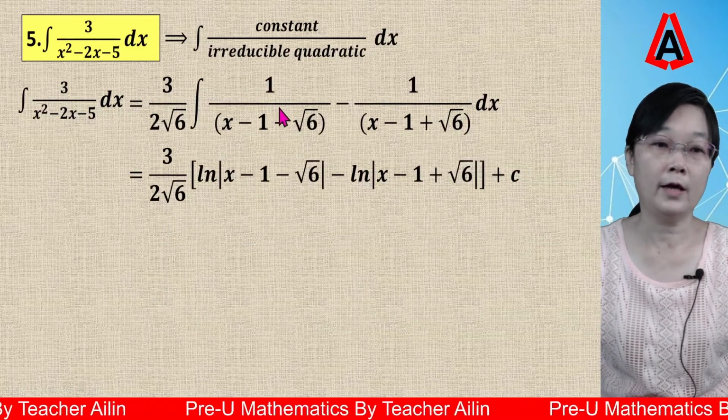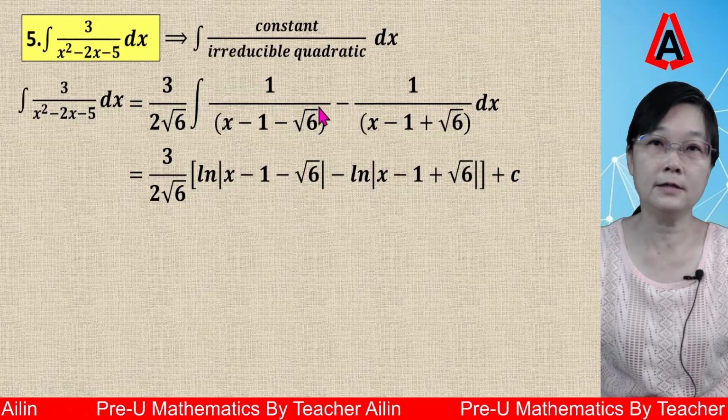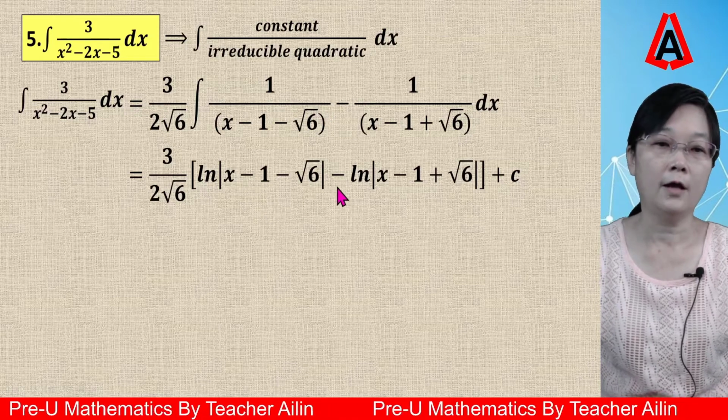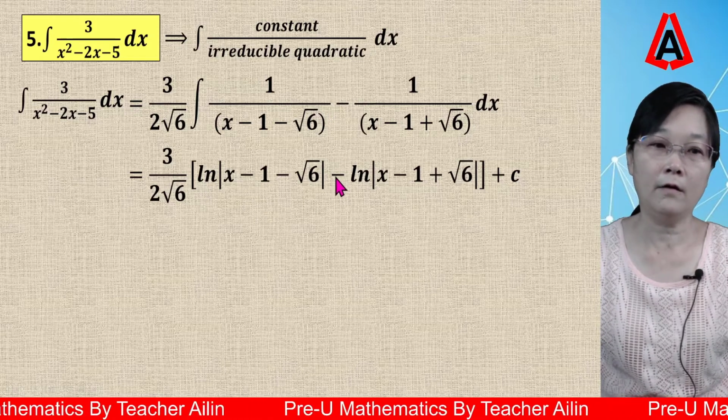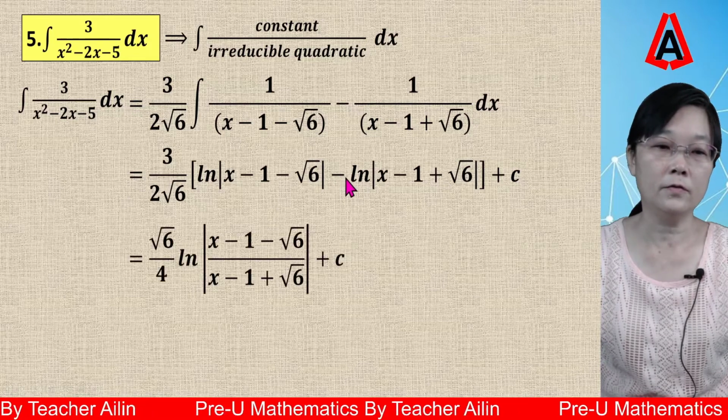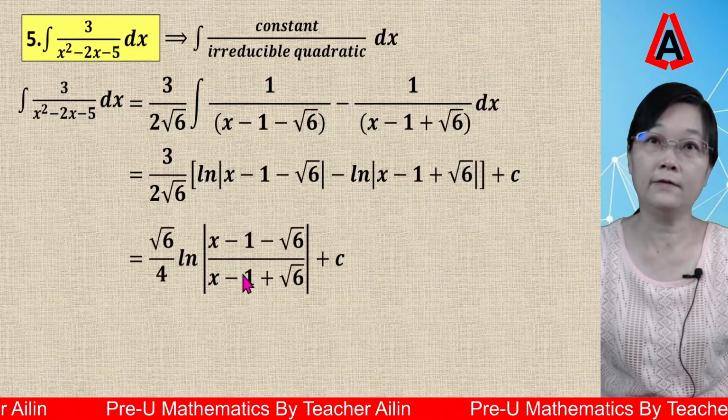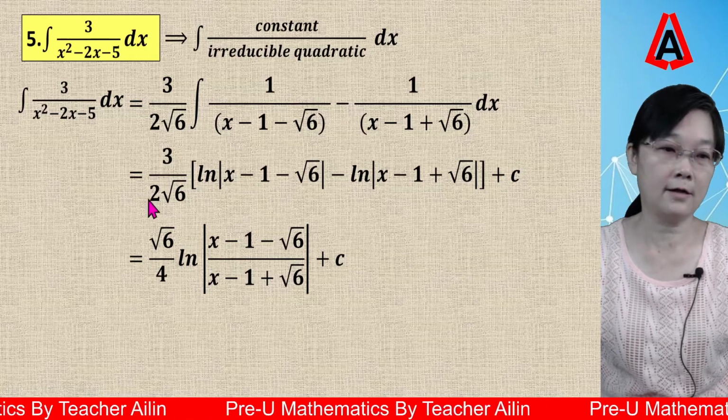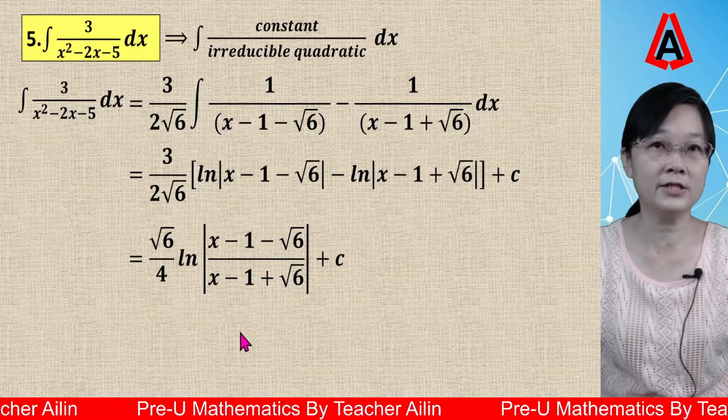That means we are able to integrate this integral into ln. After that, by using the law of logarithm, I change it to divide. Now this is the final answer for this question.